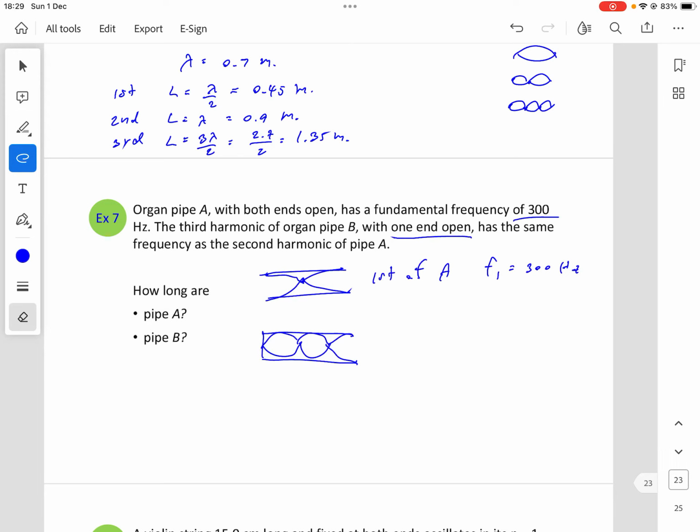The third harmonic means the second possible mode. So it should be like this. This is the third harmonic of B.